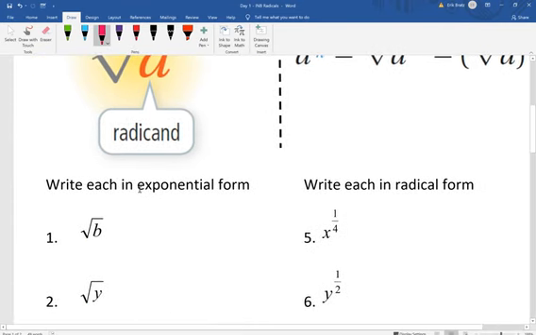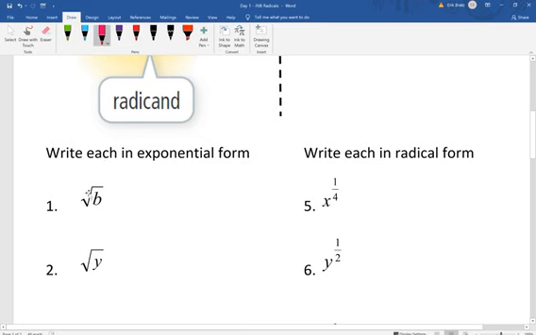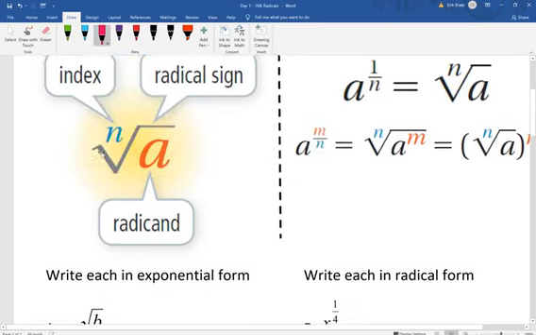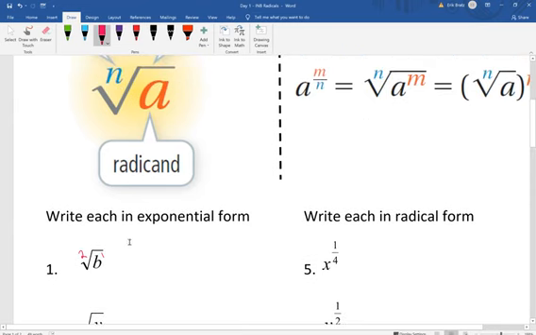So it says, write each in exponential form. They've given me something in radical form, and this very first example is what I'm talking about. I don't see an index, or I don't see a number on the outside, so there's an invisible 2. Inside the radical, the b is the radicand, or the stuff inside. We have an invisible 1 right there. All variables and all numbers have a little invisible power of 1, so we just rewrite it. And if I look, I'm going to draw a little arrow.